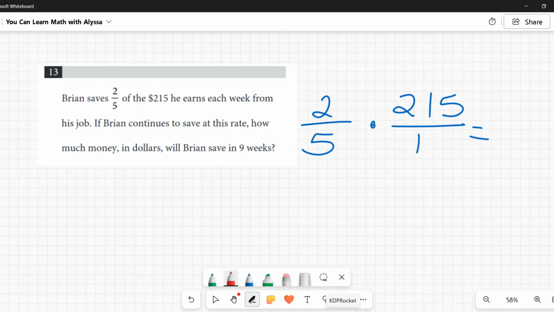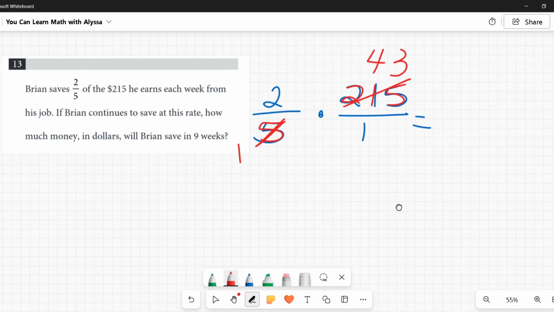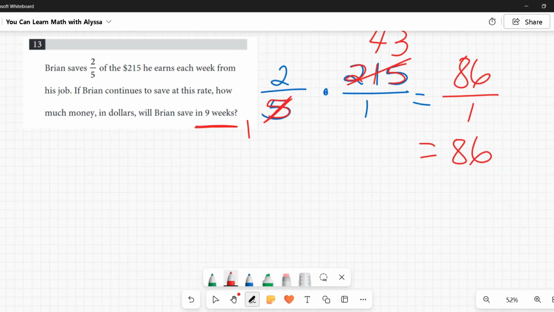Say, 5 goes into both 5 and 215. It goes into 5 one time, and it goes into 215 43 times. So I multiply on top 2 times 43, that is 86. On the bottom, 1 times 1, so that's just 86. So $86 is what he saves in 1 week.